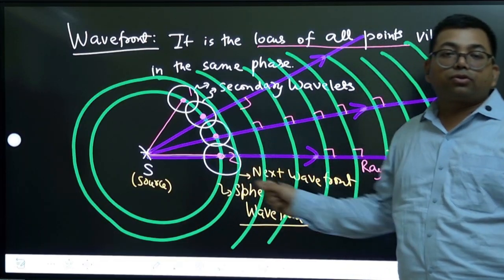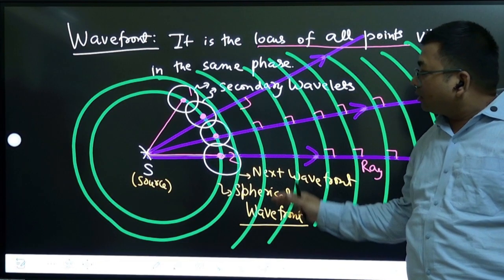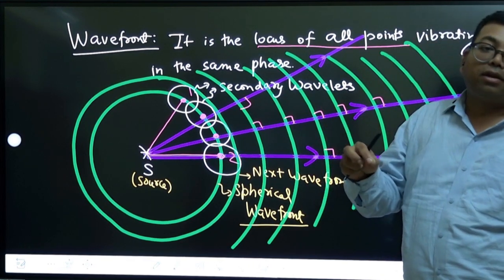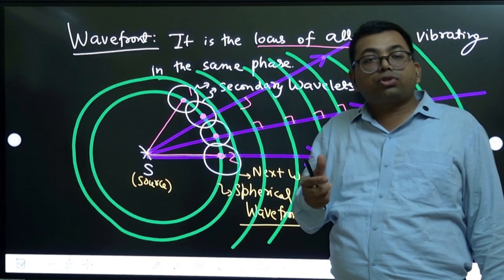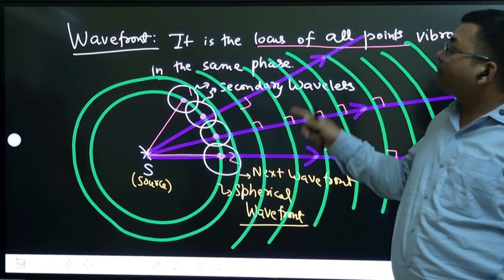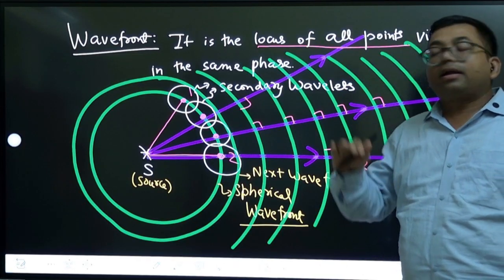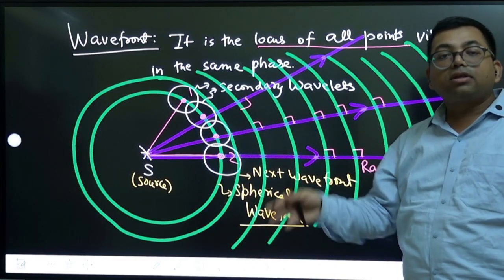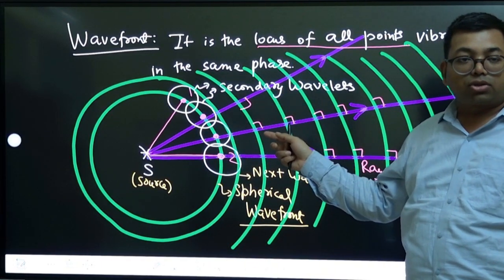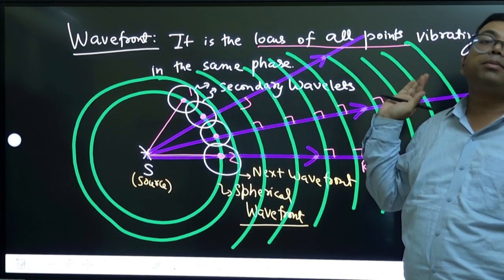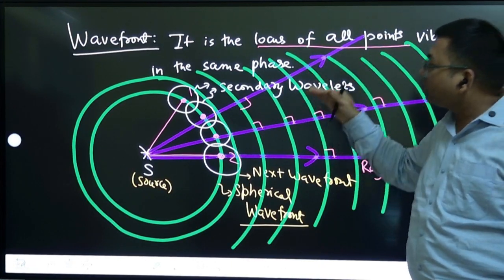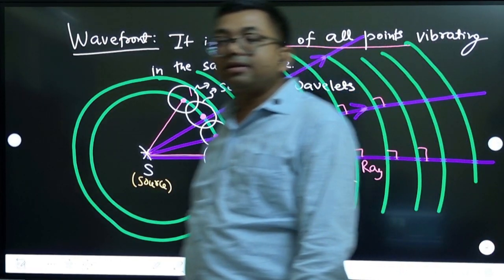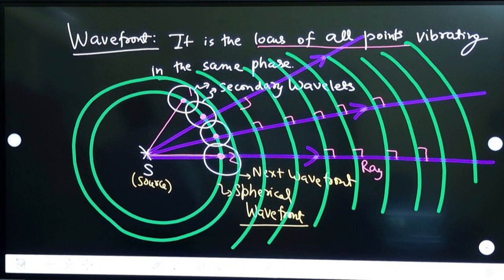This source will emit a wavefront, and each point on that wavefront will behave like a secondary source and produce secondary wavelets. Then by combining the secondary wavelets by a surface, we get the next wavefront, and in that same manner it will propagate. That's how the wavefronts are propagating in space. Are you understanding this?